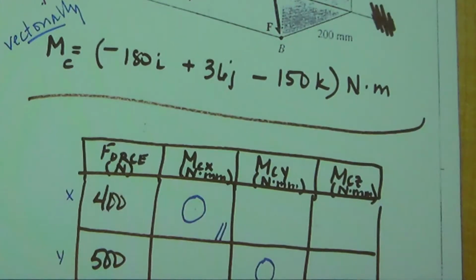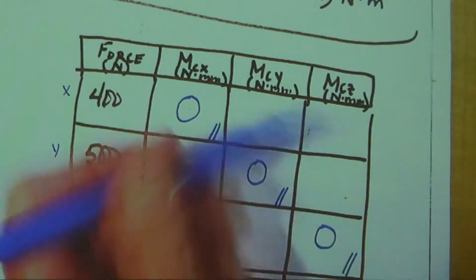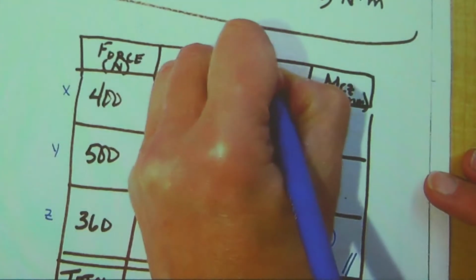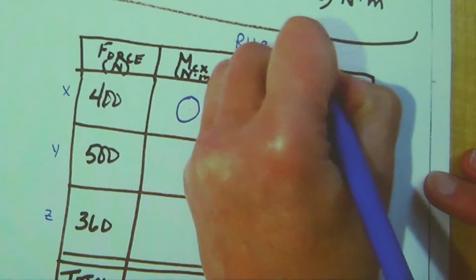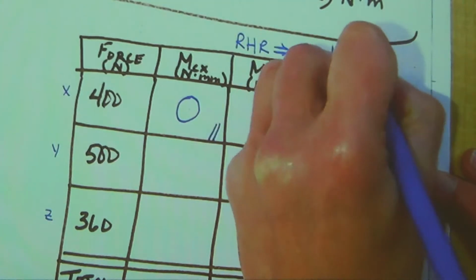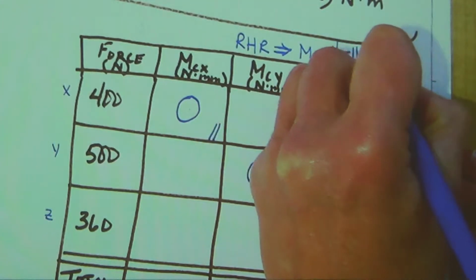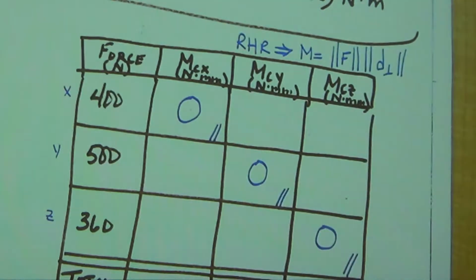Okay, so now, remember when we do right-hand rule, the moment is equal to what? The absolute value of the force times the absolute value of the perpendicular distance.